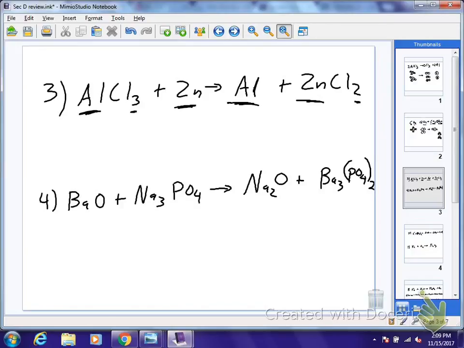So we'll put a 2 in front of AlCl3 so we can get the 6 value that we need. That gives me 6 for the chlorines on both sides. And then we just have to adjust our zinc and aluminum. So we have 2 aluminums here and 3 zincs there. And then it would be balanced at that point in time.